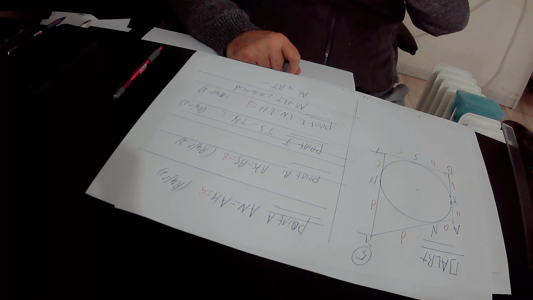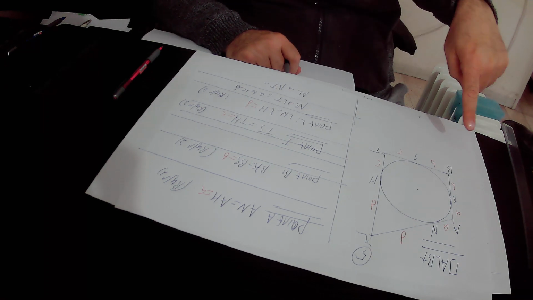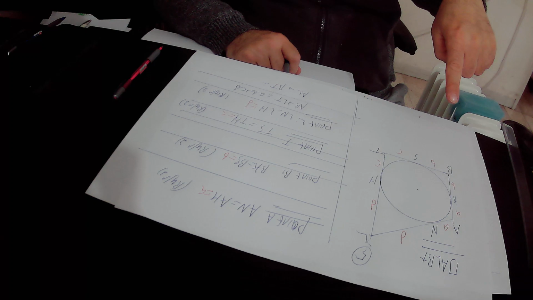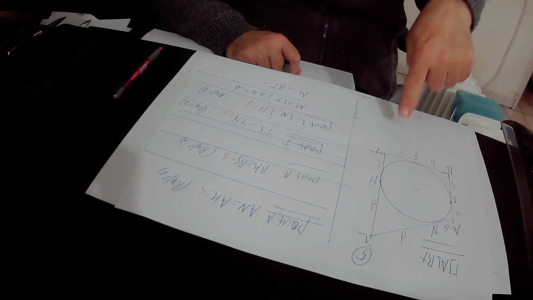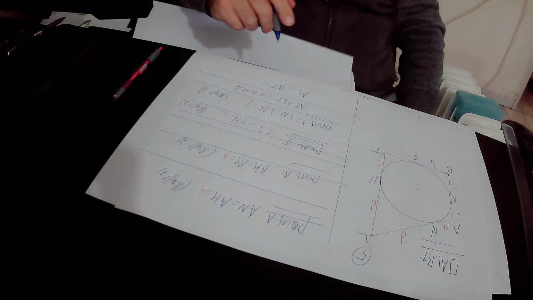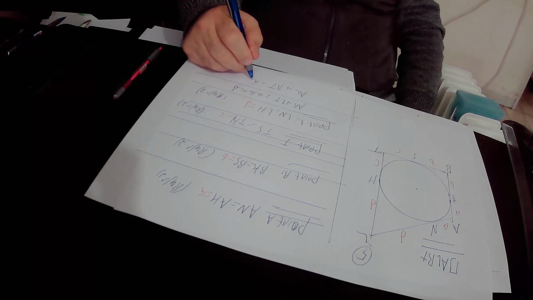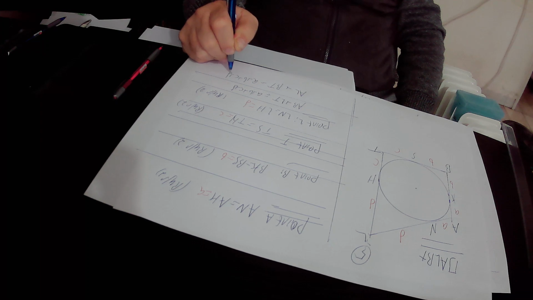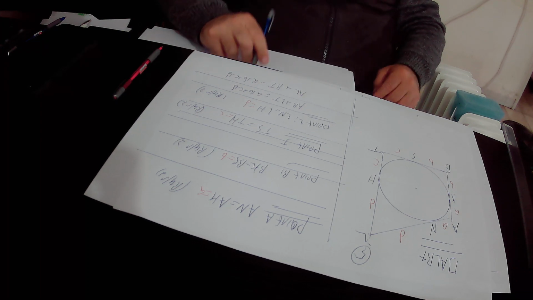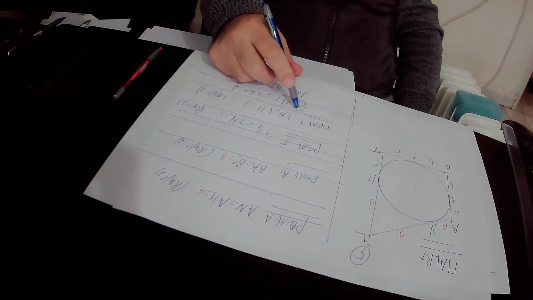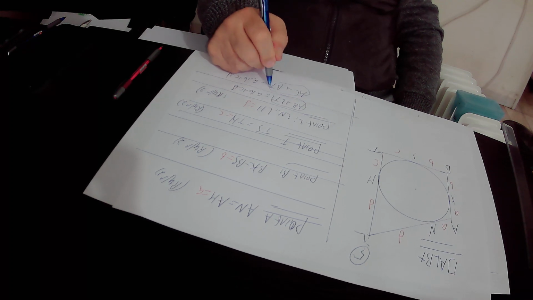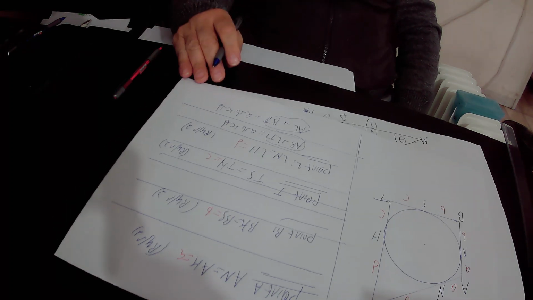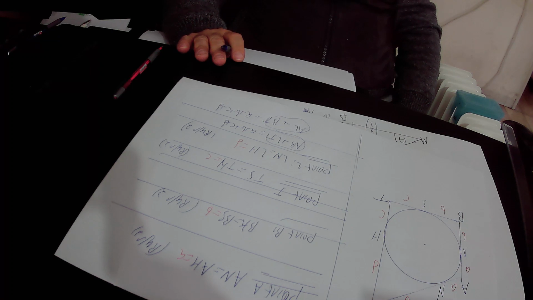From the drawing, it is very easy to see that AL plus BT equals A plus B plus C plus D. So we found out that those two expressions are both equal to A plus B plus C plus D, therefore they are equal to each other.